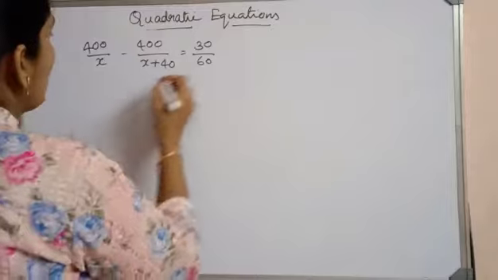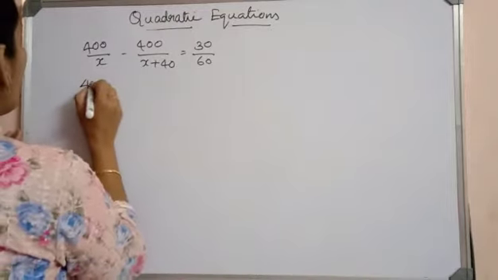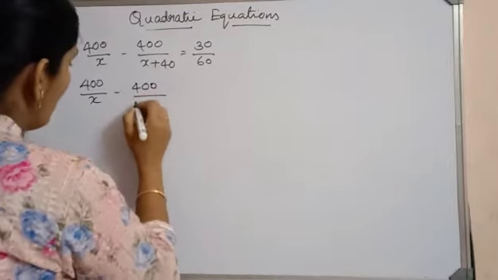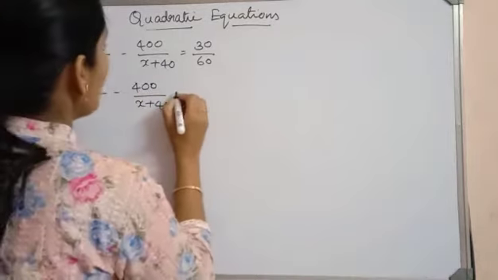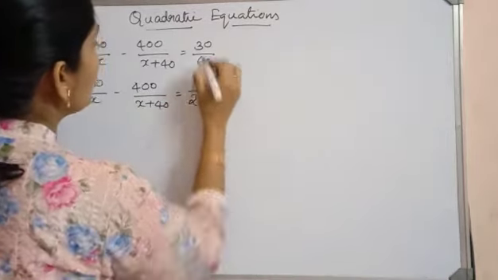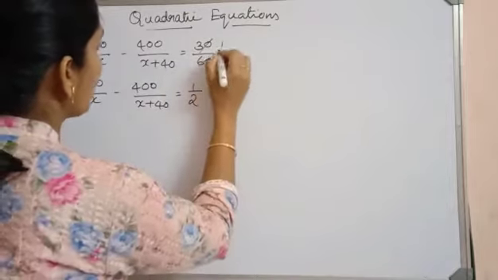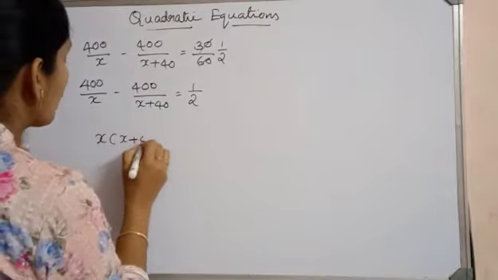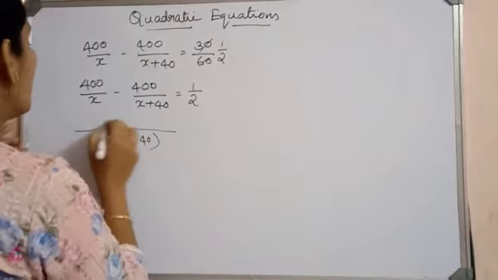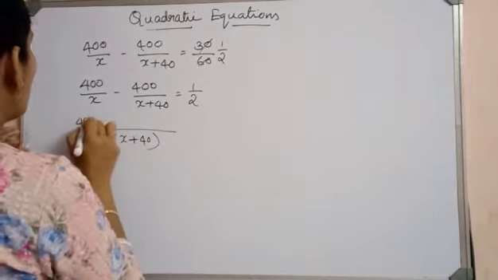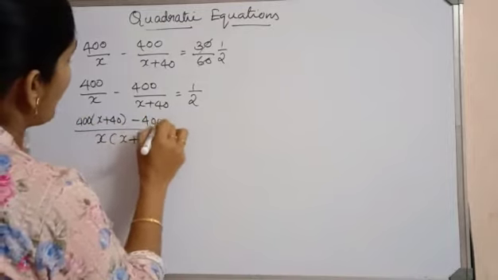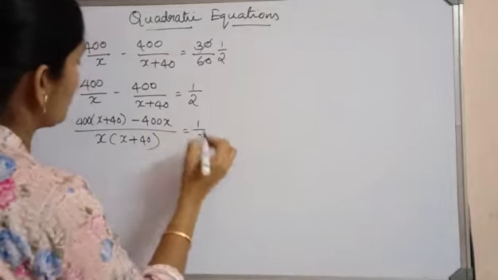So this can be simplified as 400 by x minus 400 by x plus 40 is equal to 1 by 2, if we cancel 30 and 60. Now, take the LCM: 400 into x plus 40 minus 400x, upon x into x plus 40, is equal to 1 by 2.